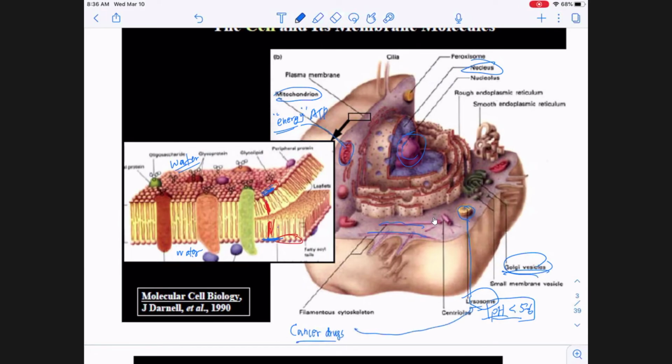We can design a magic bullet that goes to the lysosome; under the acidic pH it opens the chamber and the cancer drug is released. So the lysosome is very useful right now, and we apply its acidic pH for cancer drug delivery.